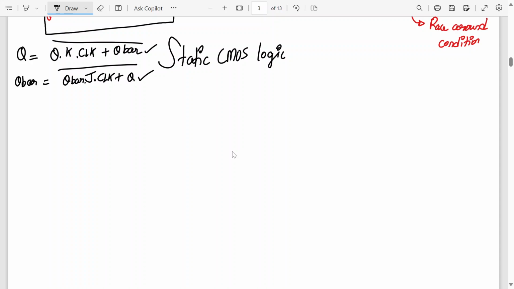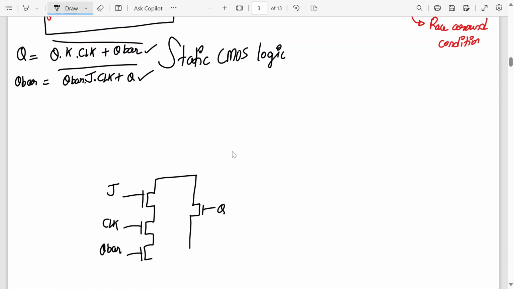I'm starting with inputs K, J. So this is three transistors in series with the inputs J, clock, and Q bar, and one more transistor in parallel with them with the input Q. So this is my NMOS network for Q bar.